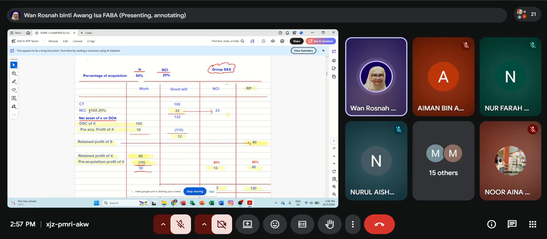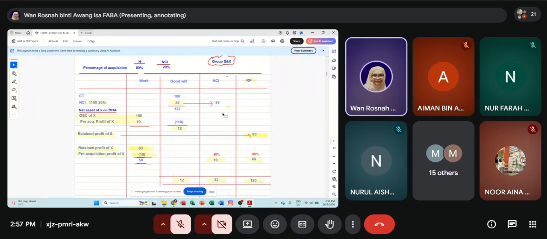So you get a portion of NCI, 22. So directly you transfer to here, NCI 22. Okay, and in order to get the goodwill, you have to compare the total cost of investment with the net asset. That means 122,000 minus 110, you have 12 goodwill.